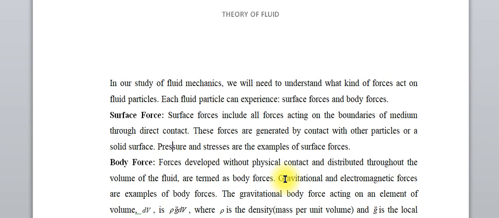For example, if the fluid is electrically conducting, then in the whole fluid this force will be uniformly distributed. Similarly, if you have a gravitational field in a region occupied by the fluid, then in every particle the amount of the gravitational force will be the same.